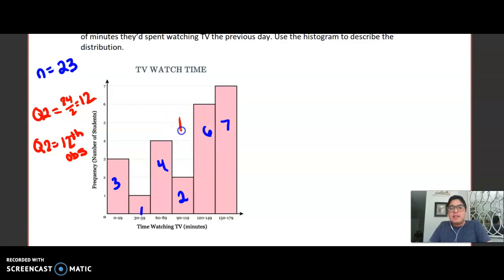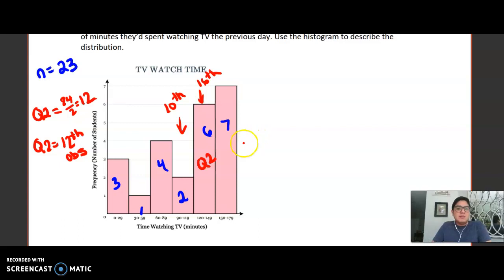So this bar right here is going to represent the 10th observation or less. Here's going to be the 16th observation or less. So what happens now is to find the 12th observation, I need to find which interval it's in, and it looks like the median is going to be in this interval here. Now, I don't know what the value of the median is. I don't know if it's 120 or if it's 149. I just know it's between 120 and 149.